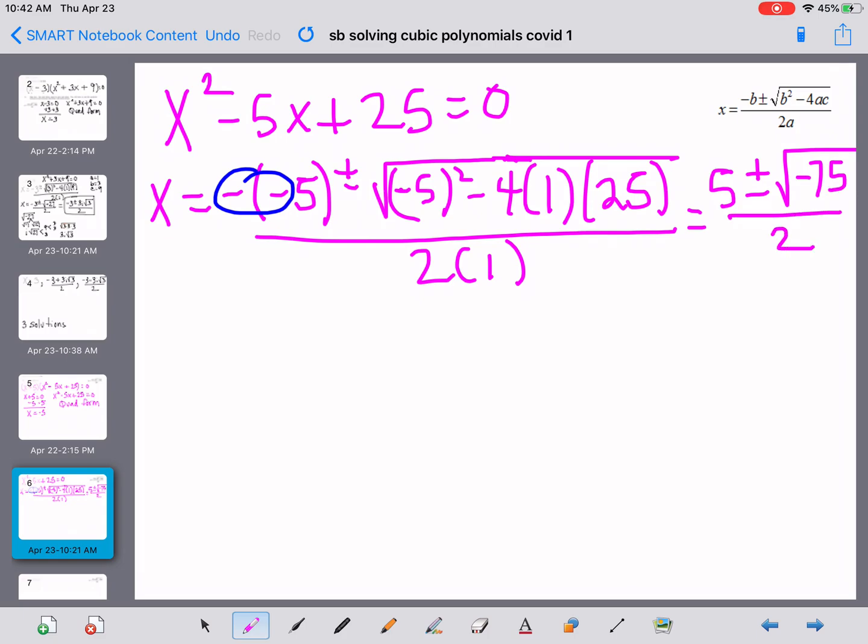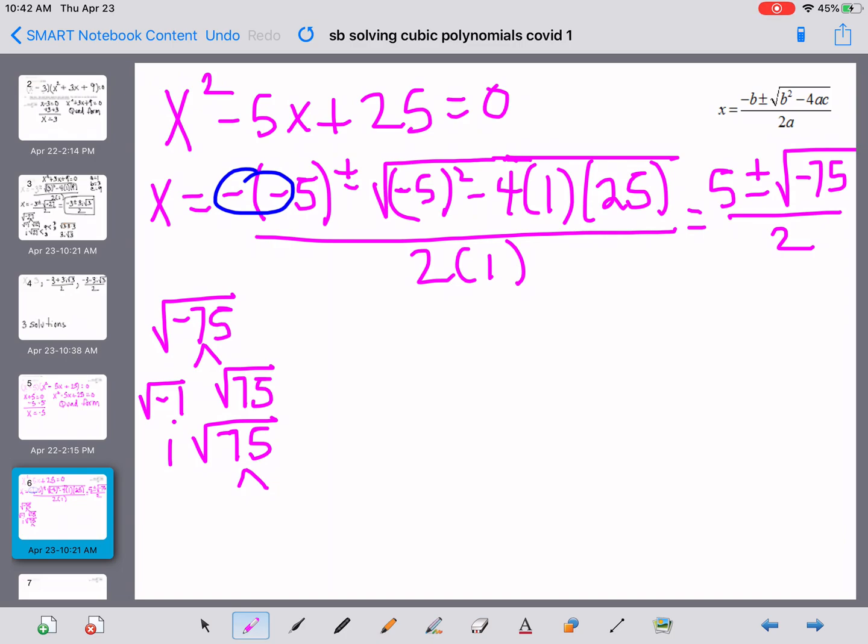I'm trying to leave myself a little bit of space here because, just like the previous problem, we're going to have to simplify the square root of negative 75. We do the square root of negative 1 and the square root of 75. The square root of negative 1 is i, and then we have 75. We're going to make our factor tree: 25 times 3, and then 5 times 5.